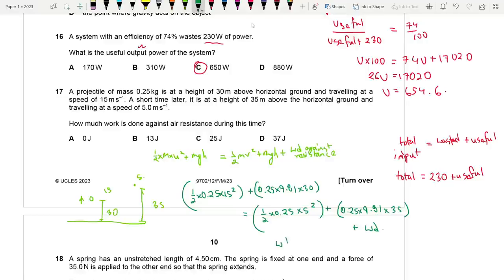I'm getting a value of 12.7. Let's see if that's in the mark scheme. So yeah, the closest answer is 17B.